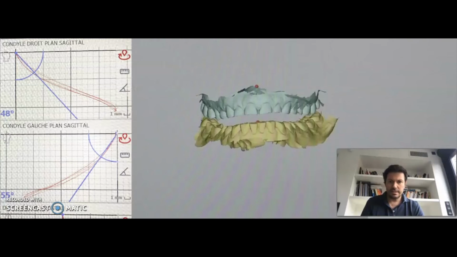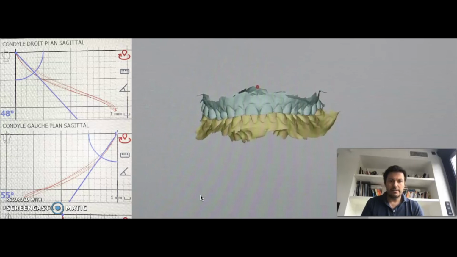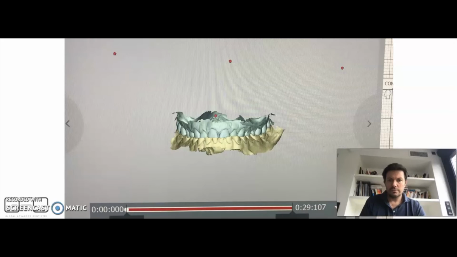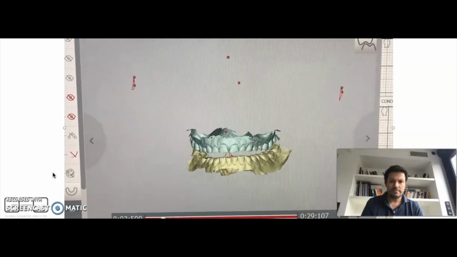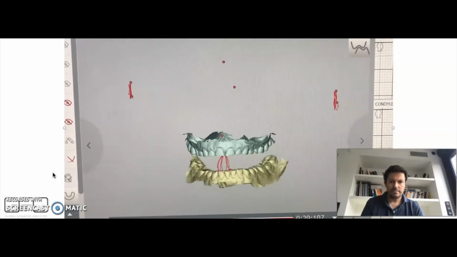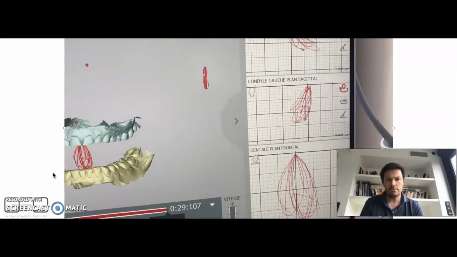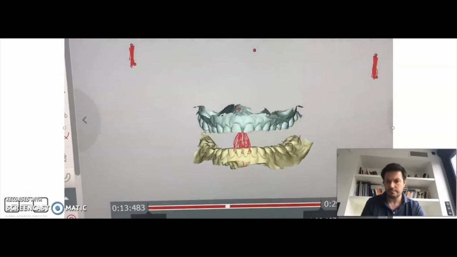So what we can record with the Mojo is everything. Open big, bite. Also, we can record mastication. This is a cycle of mastication. And it's so important to create teeth in relation with the mastication, the cycle of mastication of the patient.